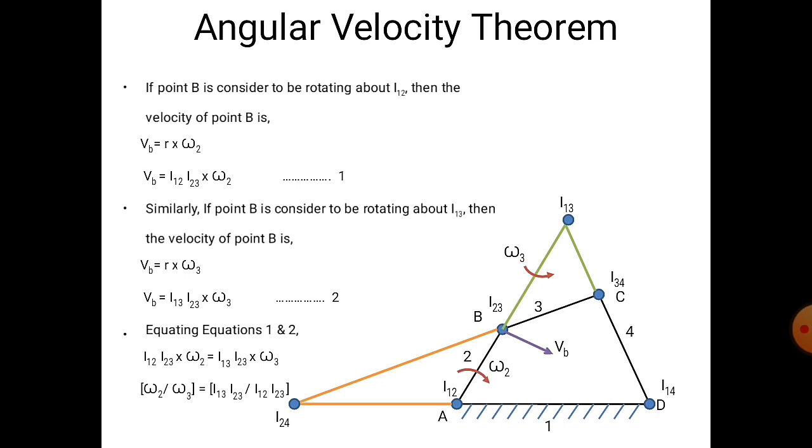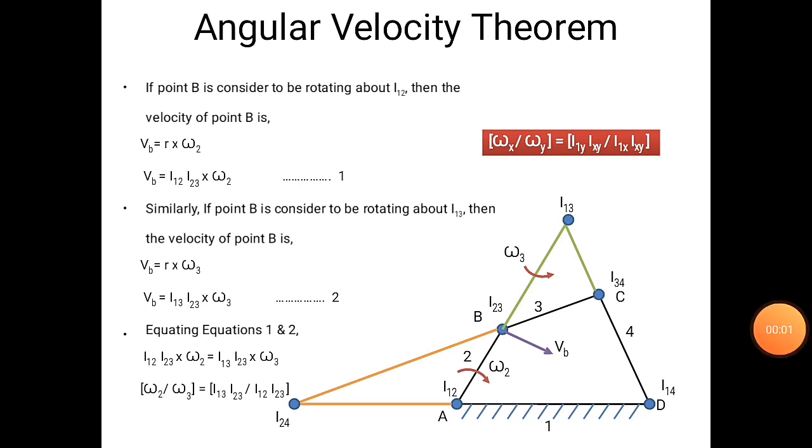We can write the generalized formula for the ratios of angular velocity. So it will be omega x upon omega y equals I1y Ixy, that is the distance between eye centers I1y and Ixy, divided by the distance between eye centers I1x and Ixy.